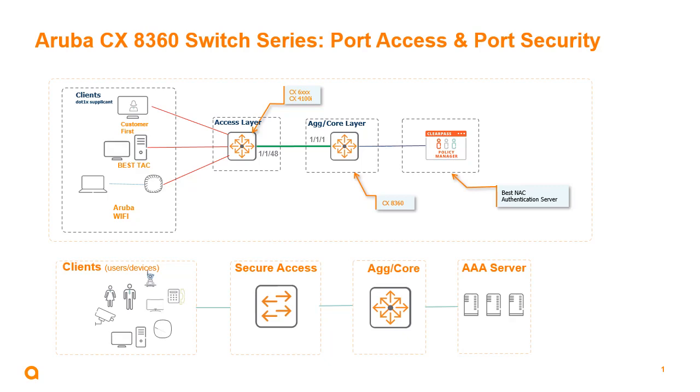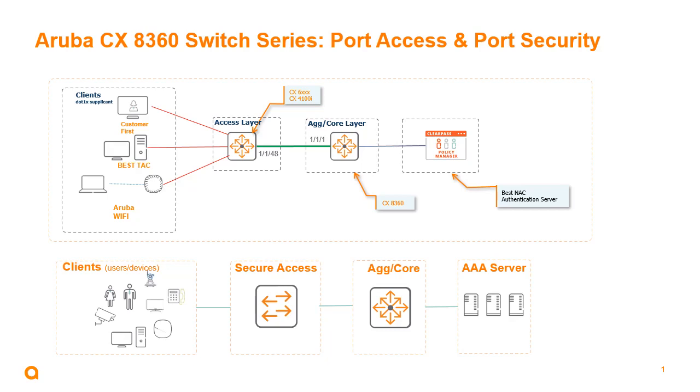Before you onboard these clients, we have to make 100% sure the access switches are secure. To bring that functionality, you need an authenticator, or port access security feature, on your aggregation and core. That means your access layer currently is not getting authenticated by your core or aggregation switches.